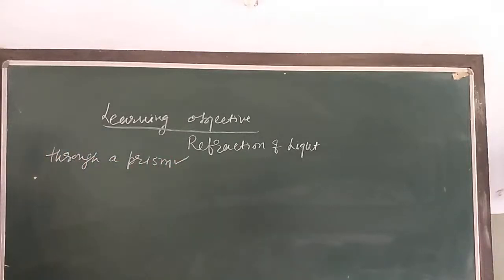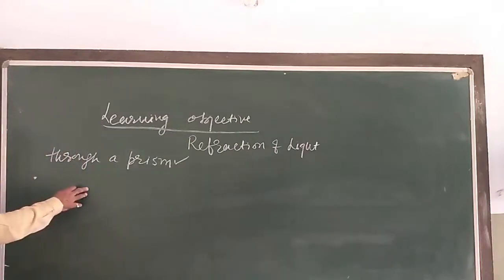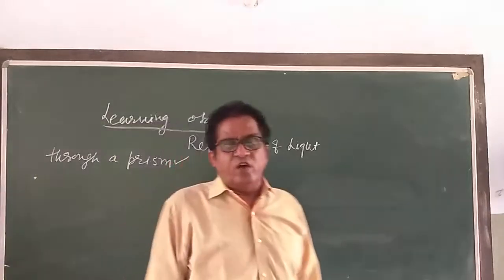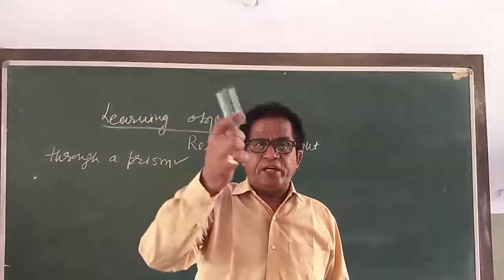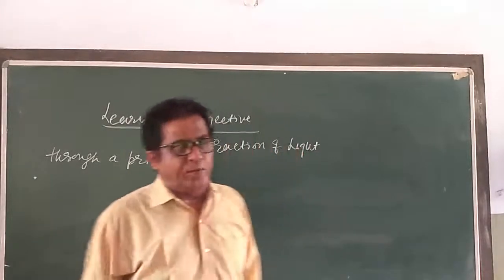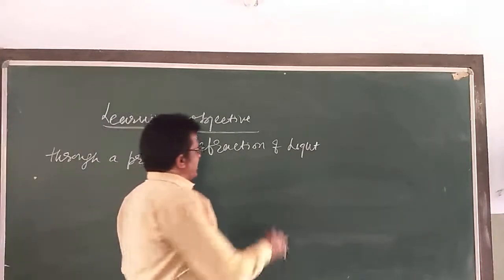In the last chapter, the chapter on light, we studied refraction of light through a rectangular glass slab. That practical we have also done. The ray of light is incident on the surface of the slab.